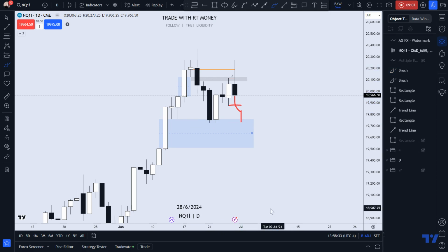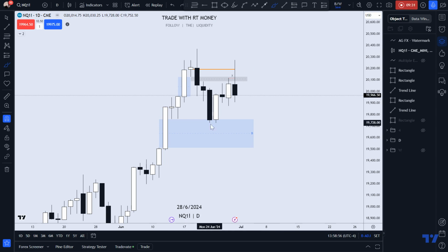Listen, if I'm going to take a short, I'm going to take it on Nasdaq as opposed to ES. ES is a little stronger. Why? Because, like I told you, the S&P's bullish fair value gap survived and has price in consolidation right now.